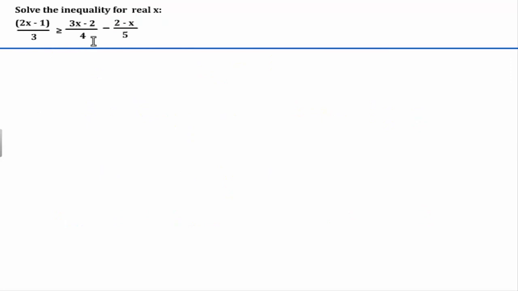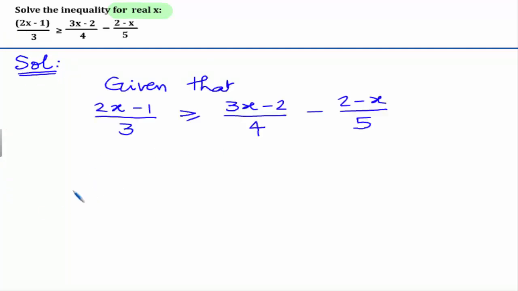Let us solve the given inequality for the real values of x. Let's see the solution now. Let us simplify the inequality first to solve it. So that is 2x minus 1 by 3, and on the right hand side we'll take the LCM to simplify the fractions.